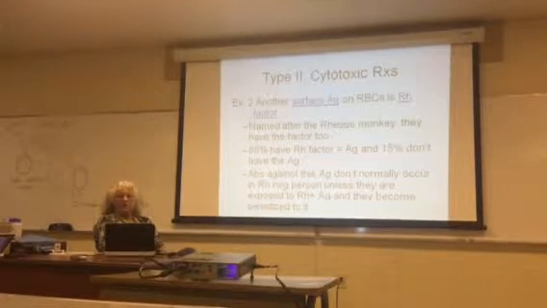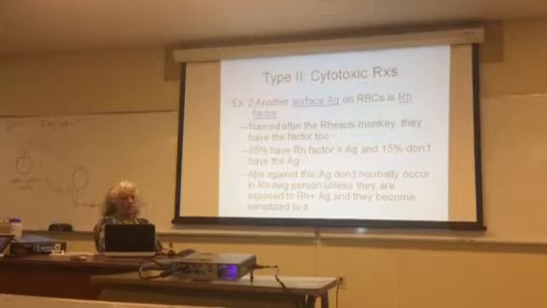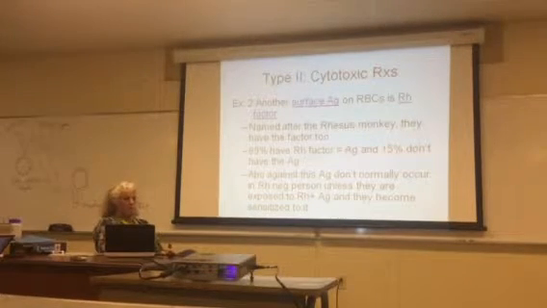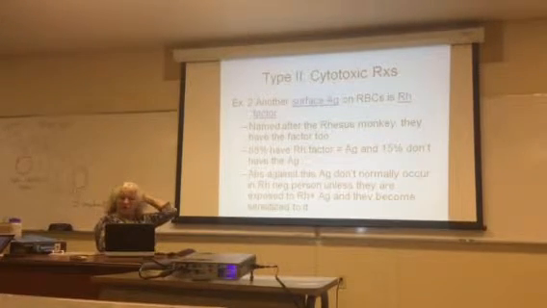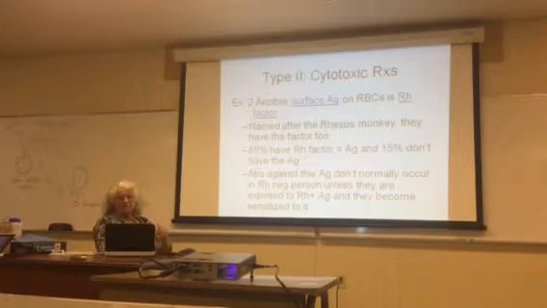Another example is the surface antigen on red blood cells called the Rh factor. It's named Rh because the rhesus monkey also has this factor. So 85% of the population have that Rh factor, and we say then that they're Rh positive. And it's also an antigen on the red blood cell.